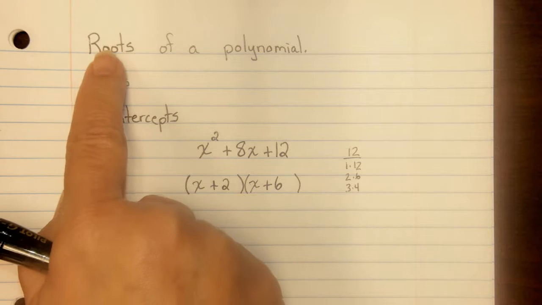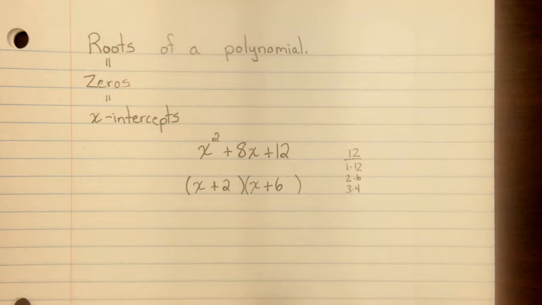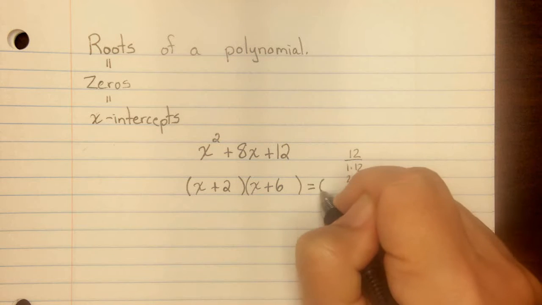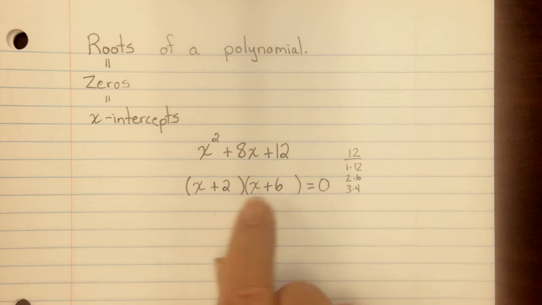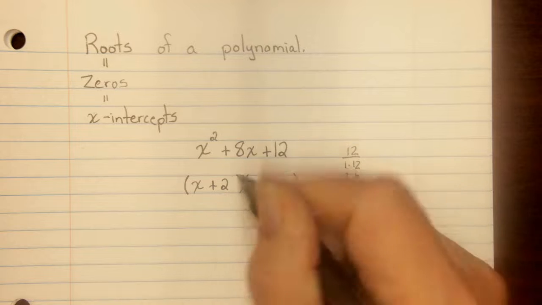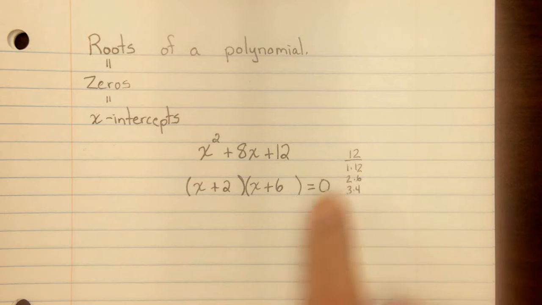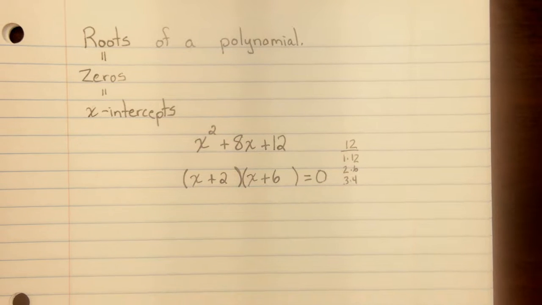Now if we want to find the roots or the zeros or the x-intercepts of this polynomial, that means we set this polynomial equal to 0. And if these two things multiply, because see the parentheses right here, we're doing multiplication, and make 0, that means one of the two parentheses has to equal 0.